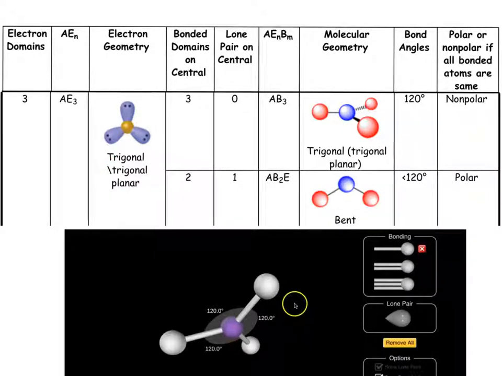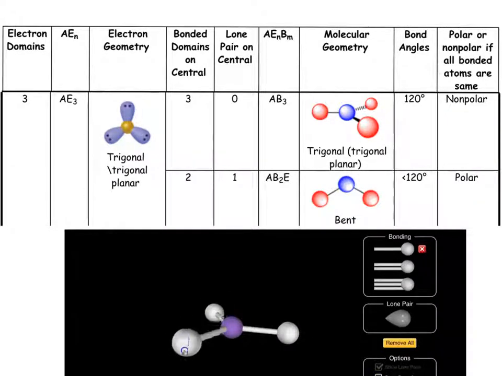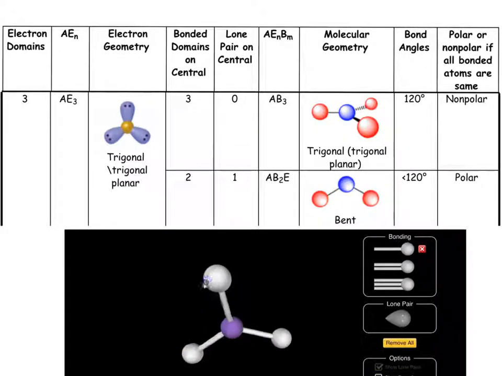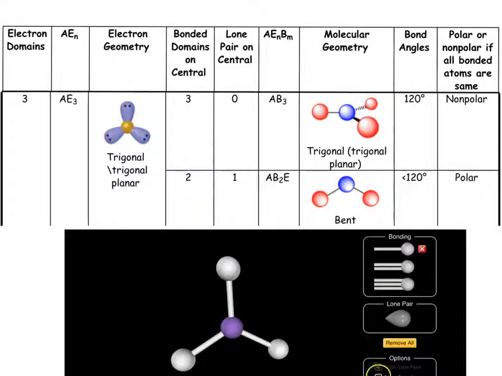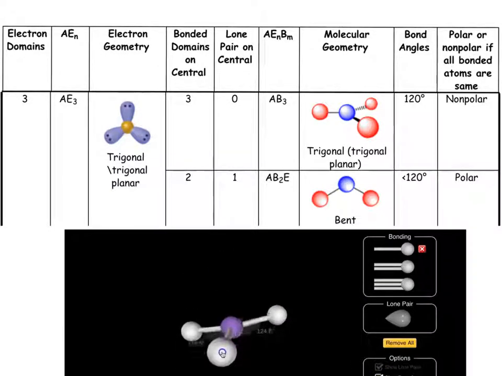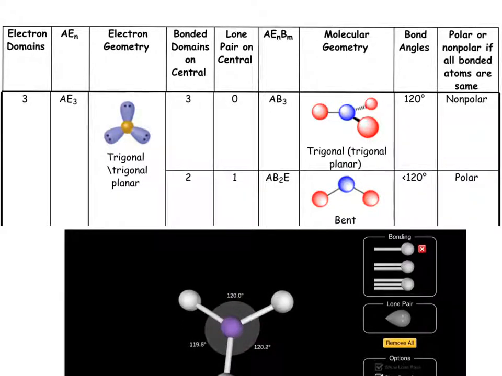Sometimes you'll see it called either. Mostly the AP exam calls it trigonal. If you look at this video here, you can see that it's turning, and no matter which way you look at it, they're all staying 120 degrees apart. So this is a trigonal geometry, trigonal planar.